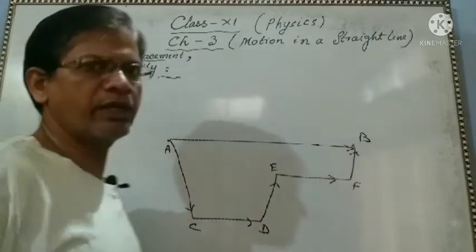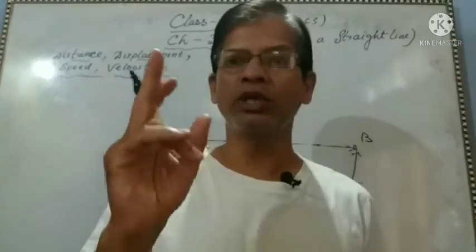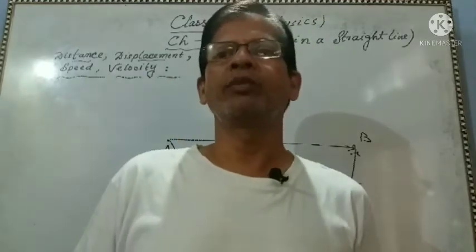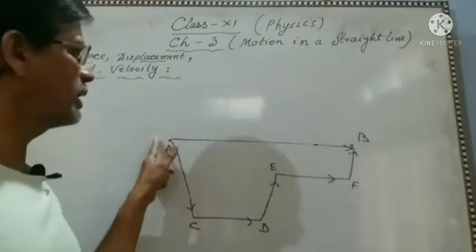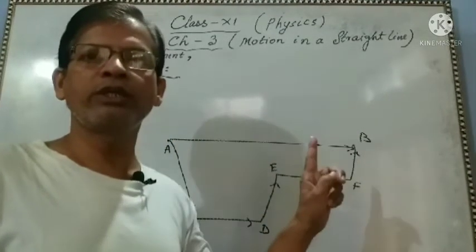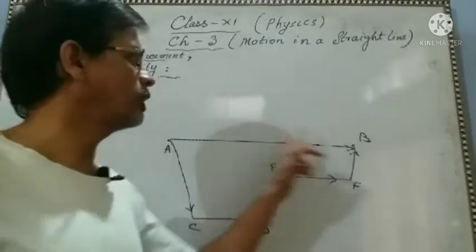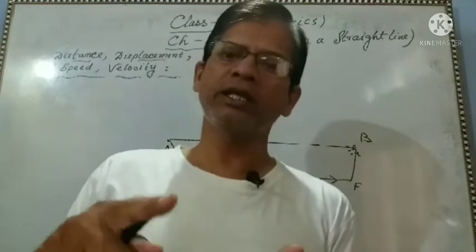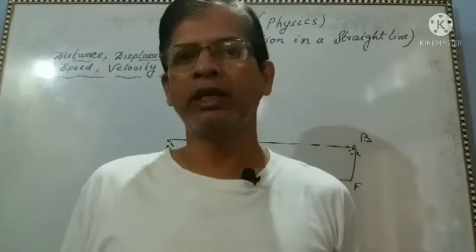AB is the displacement. Displacement is the shortest distance between the initial point and the final point, and it is always directed from initial point to the final point. So, here there is magnitude as well as direction. So, it is a vector quantity.